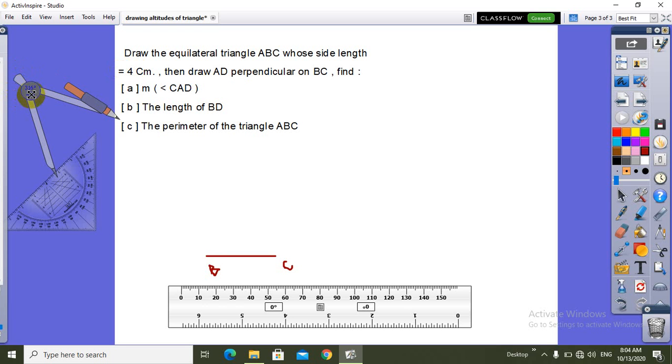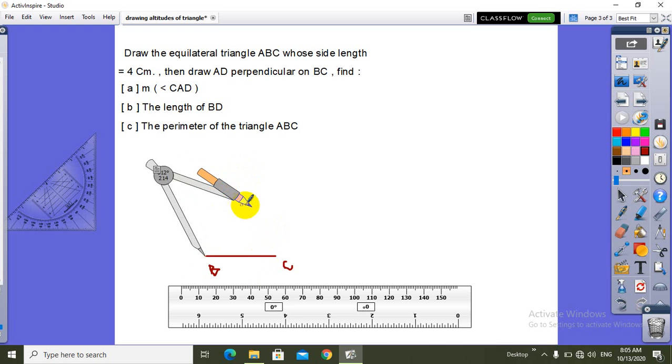By using the compass, I will open this compass to the distance 4. This is 5, then make it exactly on 4. And put this compass one time on B and the other time on C, and move this compass without drawing.